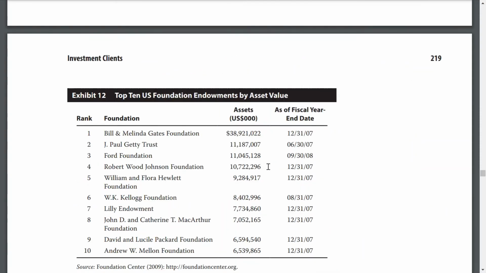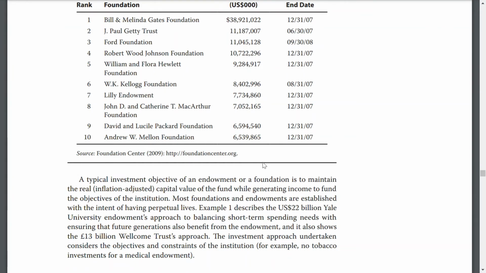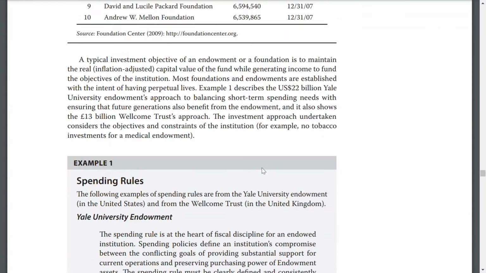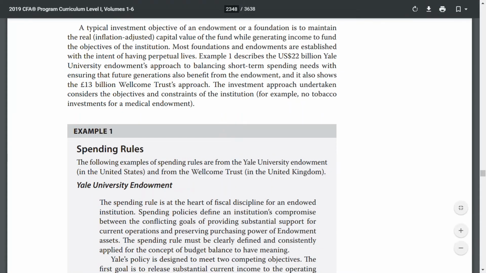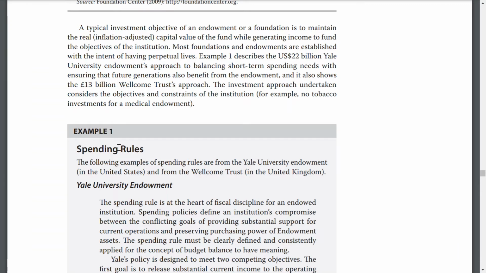A typical investment objective of an endowment or a foundation is to maintain the real, inflation-adjusted capital value of the fund while generating income to fund the objectives of the institution. Most foundations and endowments are established with the intent of having perpetual lives.